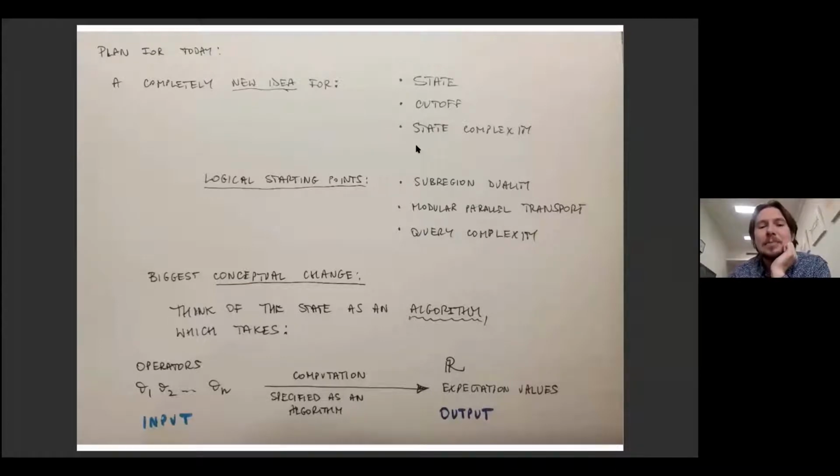I think it's important to emphasize what my logical starting points are. So my logical starting points are these. Subregion duality, I'm assuming it to be true. That's the statement that if I only have access to part of the CFT, then I have only access to part of AdS. And the parts are well defined under this subregion duality. The second thing is modular parallel transport.